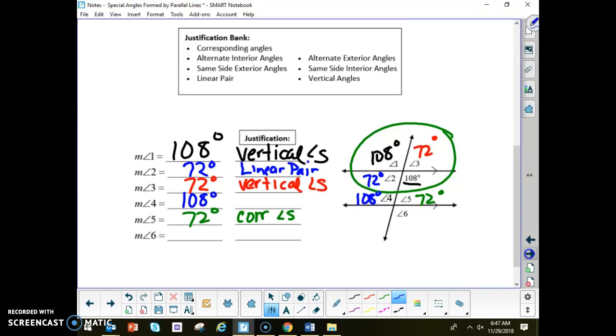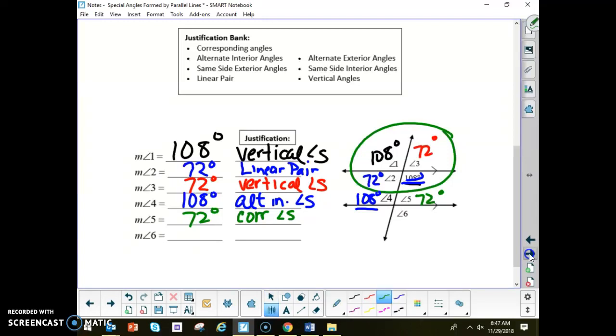And I can choose any of the reasons why. We'll call them alternate interior angles, because it's an alternate interior angle to this first angle right here, this 108.